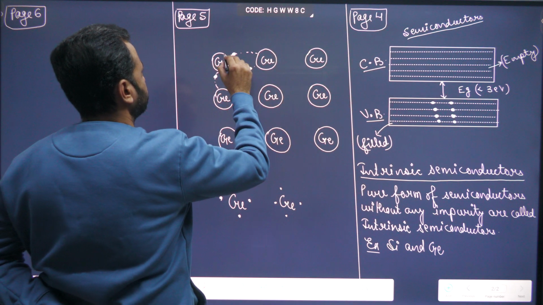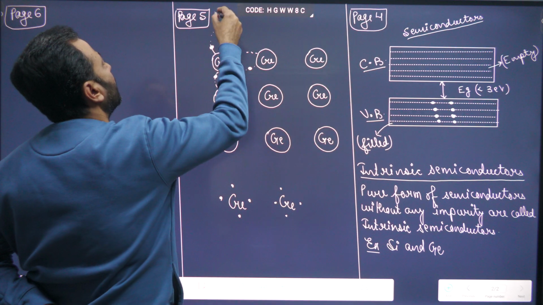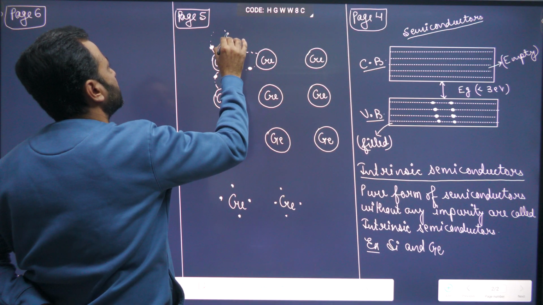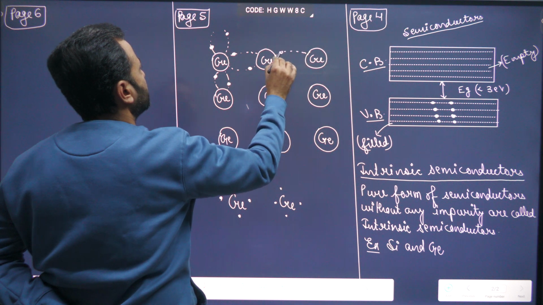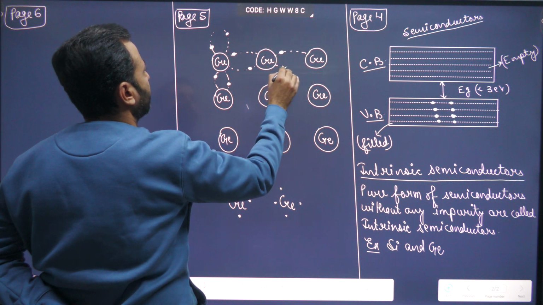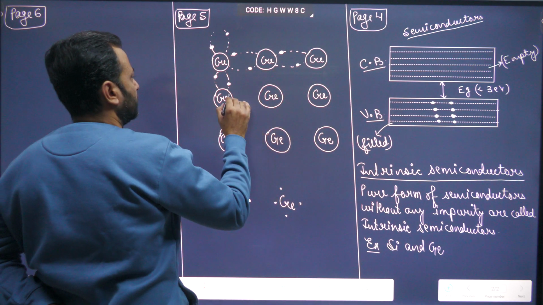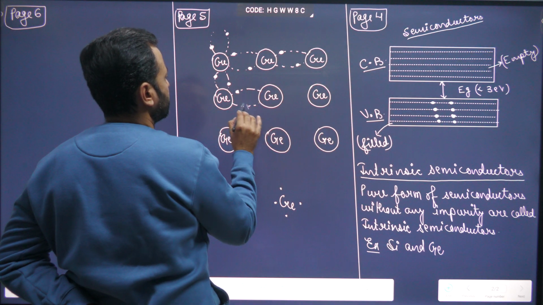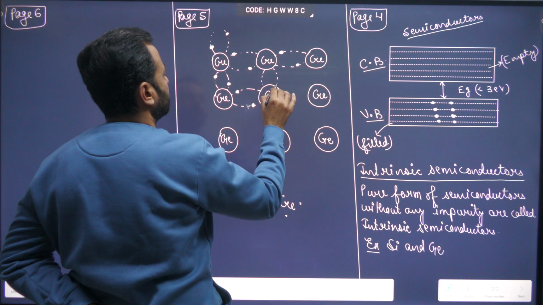Similarly, this germanium shares 1 valence electron with the upper neighboring atom, and the upper one shares with it. In this way, the crystal lattice structure forms.